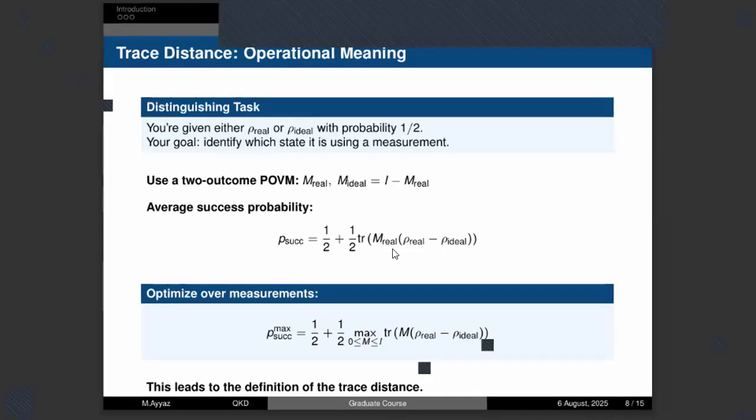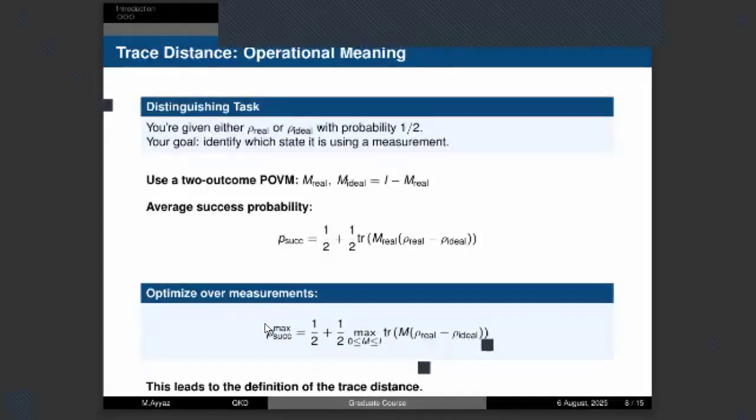We have to choose an optimal measurement that can best distinguish between the two states and give us the maximal success probability. In either case, the success probability should be equal to or greater than 1/2.